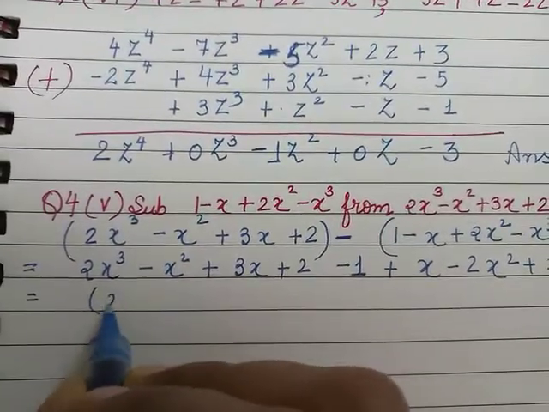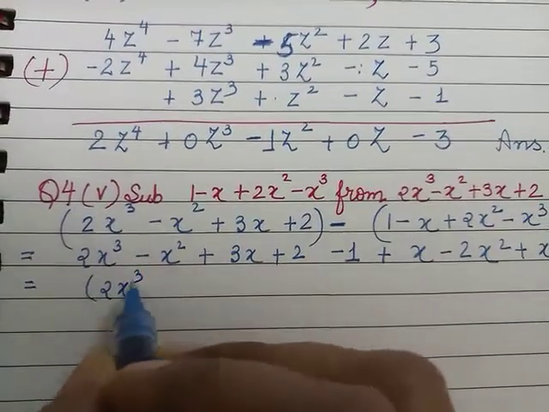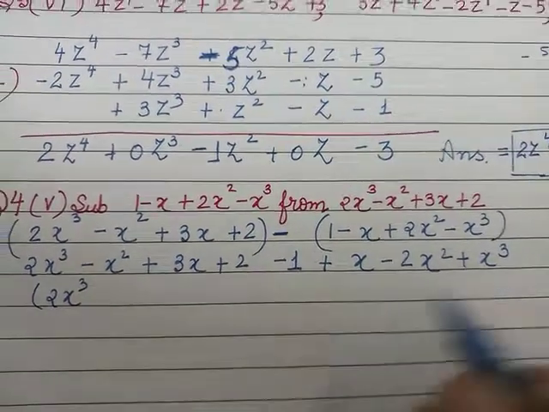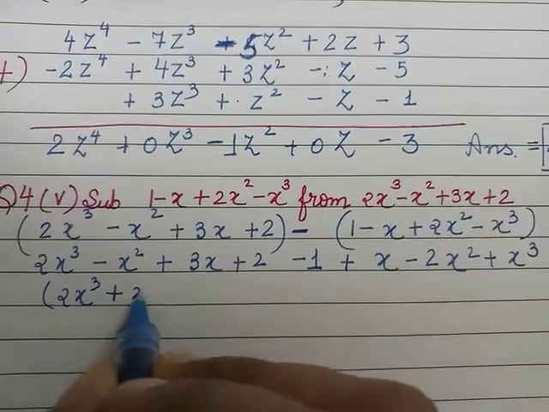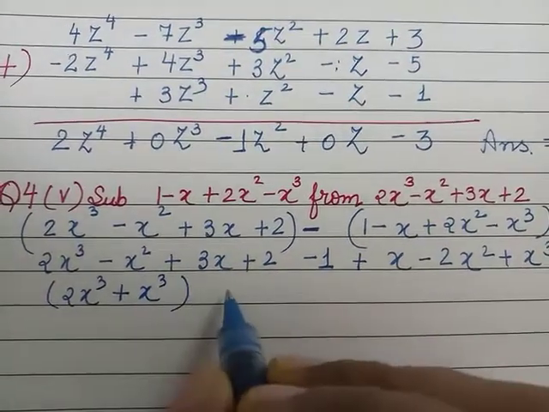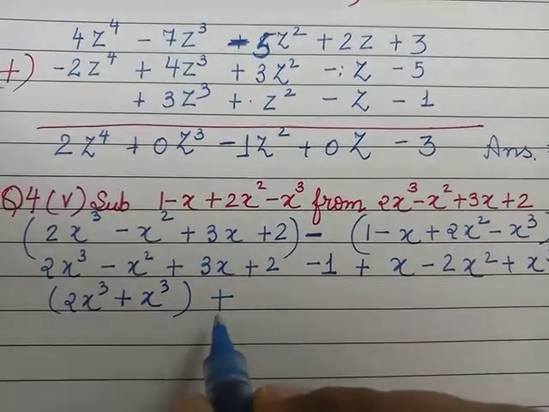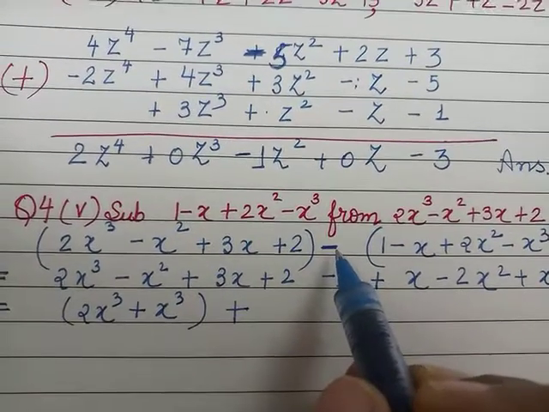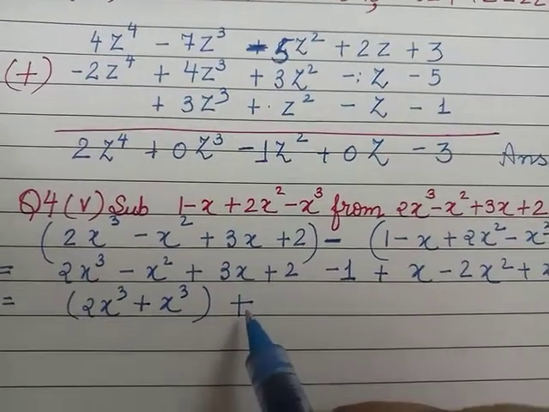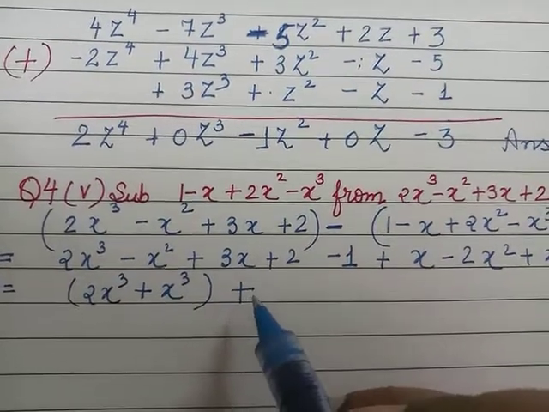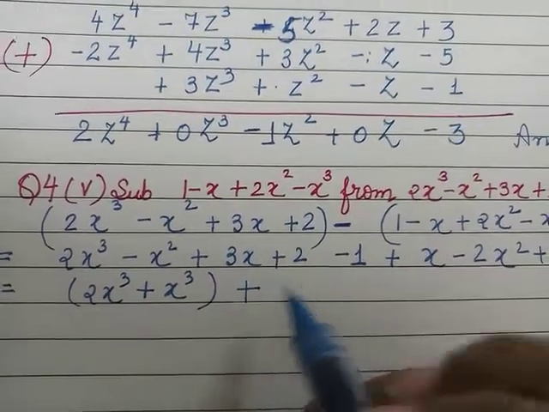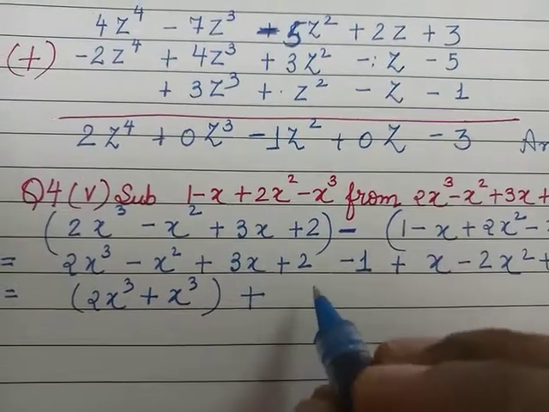So I write 2x cube, and where is the other x cube term, that is plus x cube here. So I write plus x cube. Now I'll write the addition sign. Do not ask why, because once we have already subtracted, we can't subtract it now. Okay, subtraction is already done. Now we are just collecting the like terms in the bracket. So we are writing the plus sign over here.